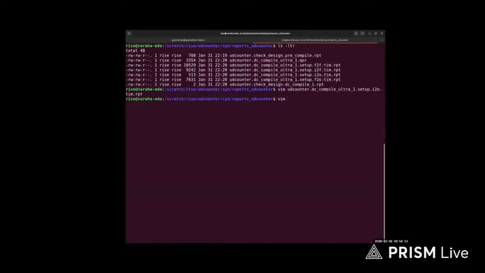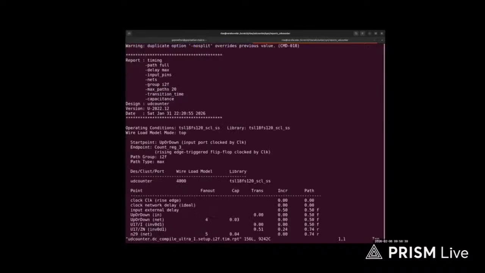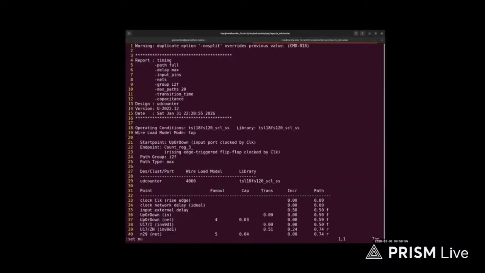Then let's see if there is any input to flop path available. Input to flop is available. If you see, there is one flop available, which says the start point. I wanted you to look into this very carefully, because we are going to see what this report is telling us.